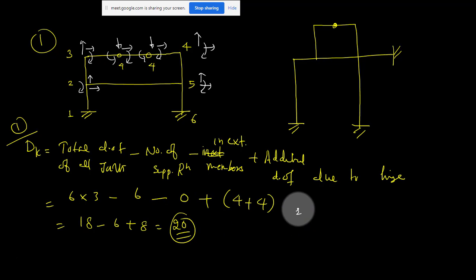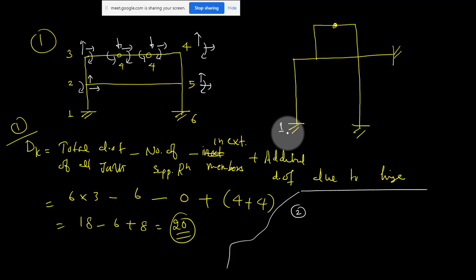So now we'll take question number 2. This is question number 1. This is question number 2. Again, take how many joints are there, just count it. So joints are 1, 2, 3, 4, 5, 6, 7, 8. Now I will use the equation first.